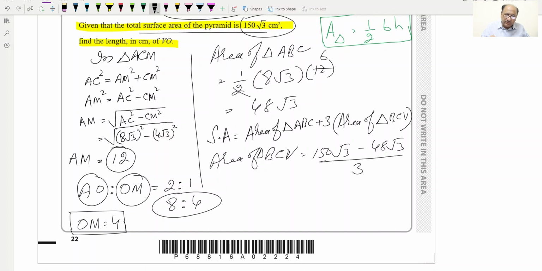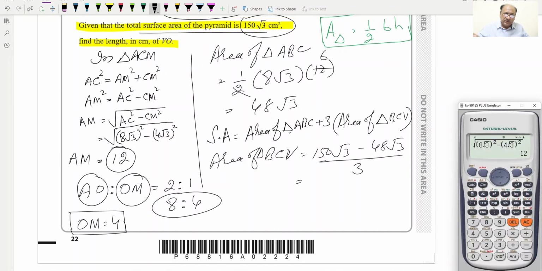So we get the area of this one, 150√3 minus 48√3 divided by 3, and this will give us 58.89 up to 2 dp.